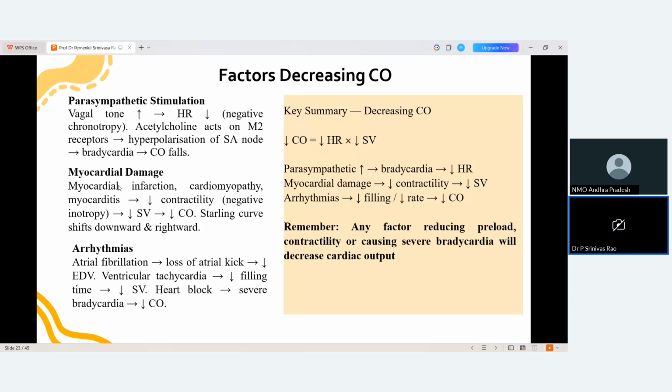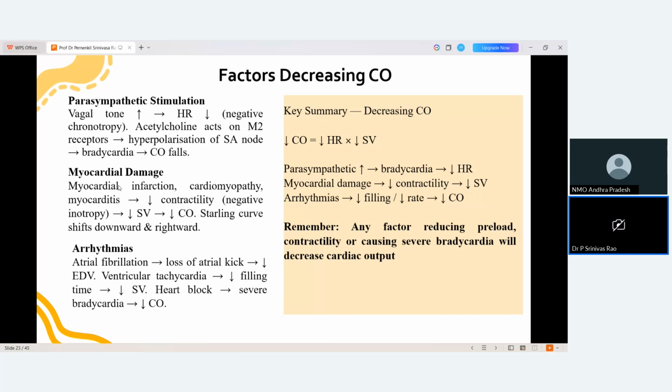Ventricular tachycardia. See, there is something called supraventricular tachycardia. That means the heart rate is more than 120, 130. When this happens, the heart is beating so fast that it has no time to fill. Understood? From 60 to 100, though the heart is beating fast, it has time for diastole.